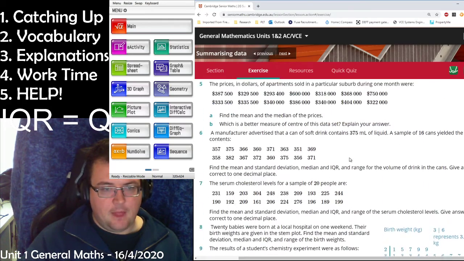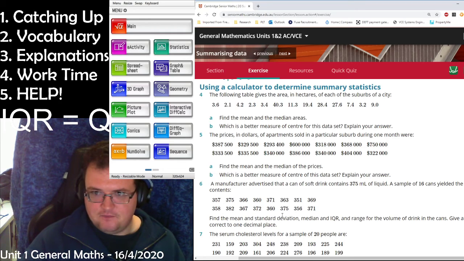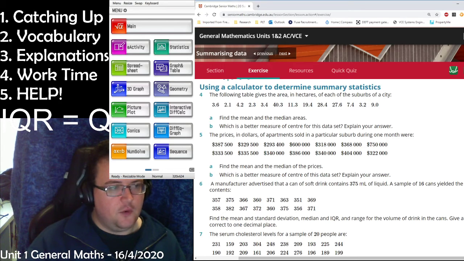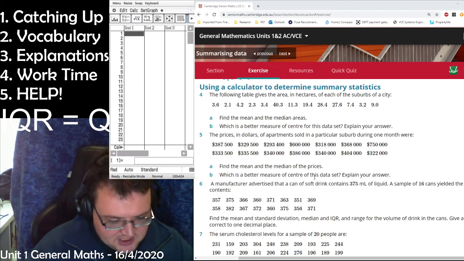All right. So, question here, I want you to look at question 6 in particular. Question 6 mentions standard deviation. All right, so we go to statistics and we put our numbers in.